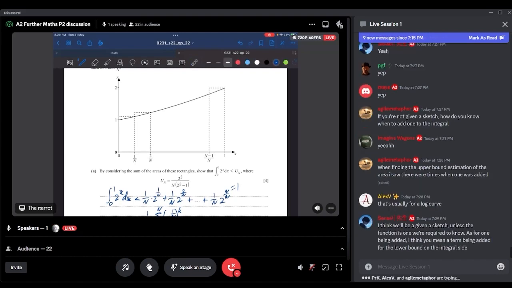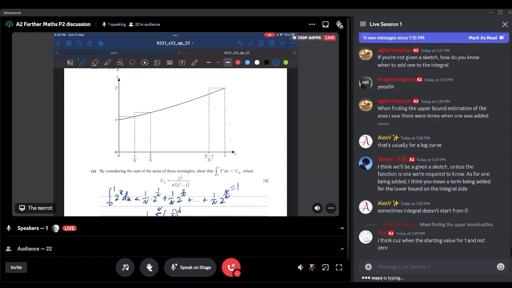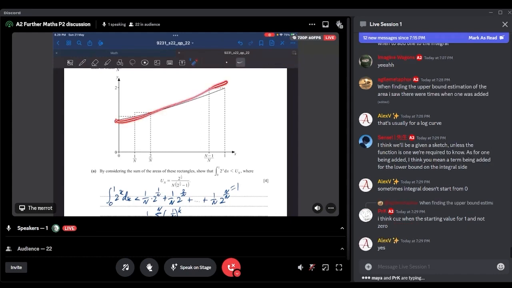Yeah, most of the time, at least in my experience, you'll almost always be given a sketch. I haven't seen any example where we don't have a sketch. And also, all of the functions that will be given to you are either strictly increasing or strictly decreasing. You'll never get anything else, so don't worry too much.